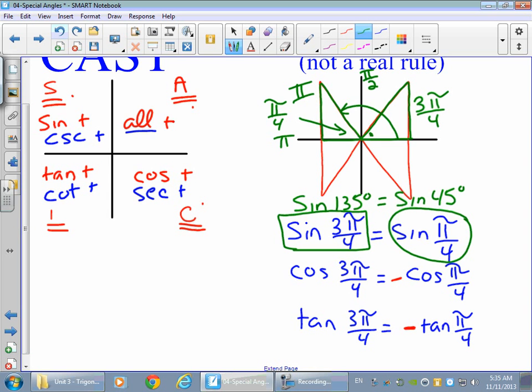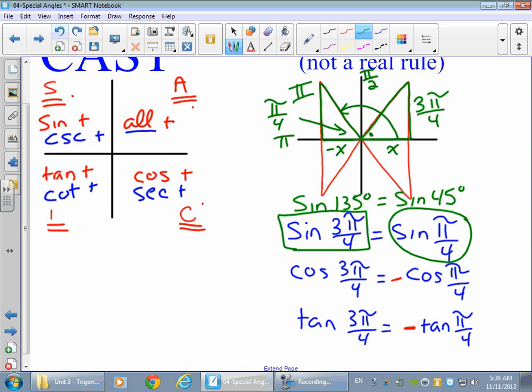Cosine of 3 pi over 4 is going to be exactly the same as cos of pi over 4, except that in that quadrant it is negative. And the reasoning again is the same. I have the same adjacent in both cases size-wise. I have the same hypotenuse. However, on the actual grid here, these are negative x values. These are positive x values, and so that's where my negative comes from.